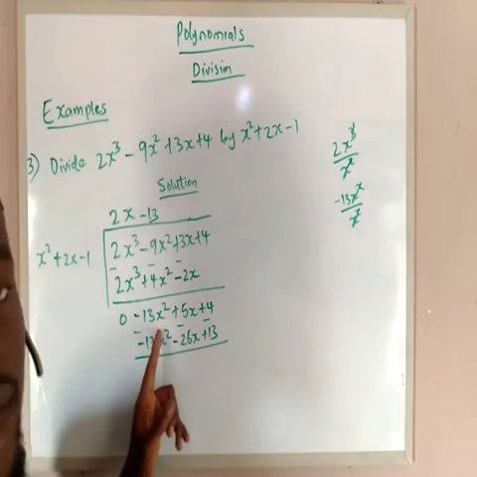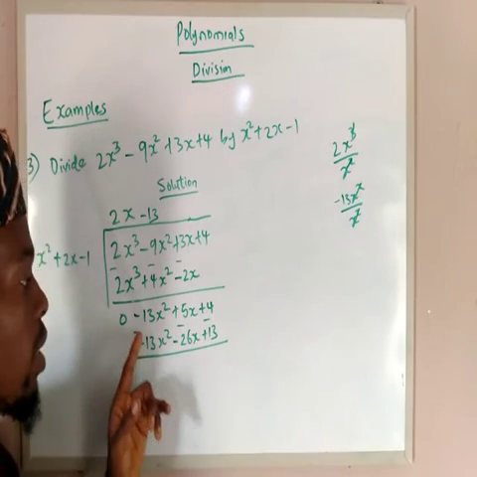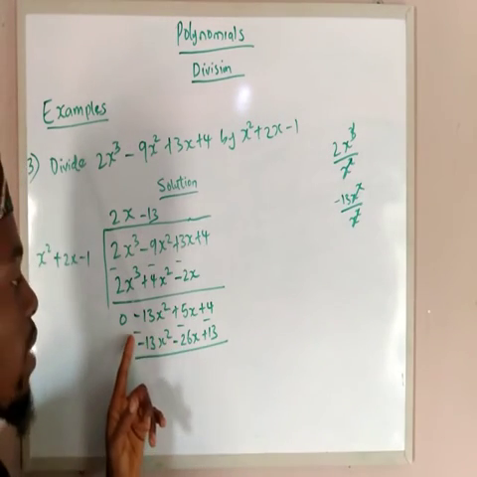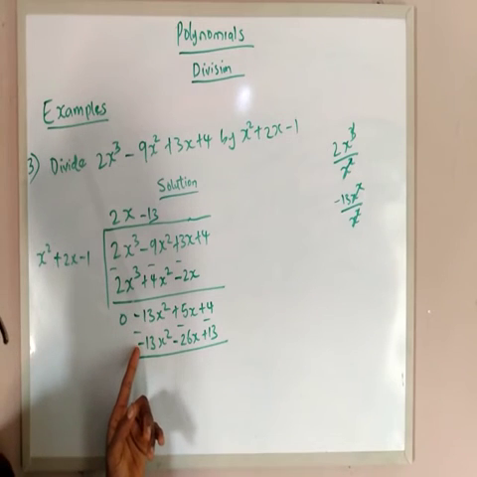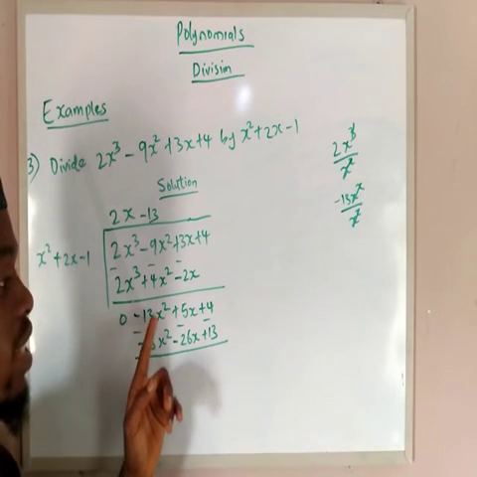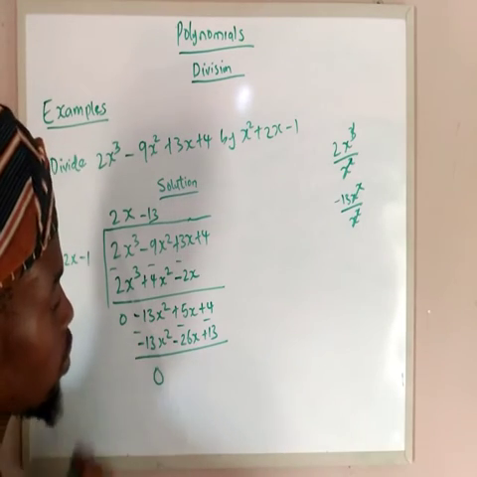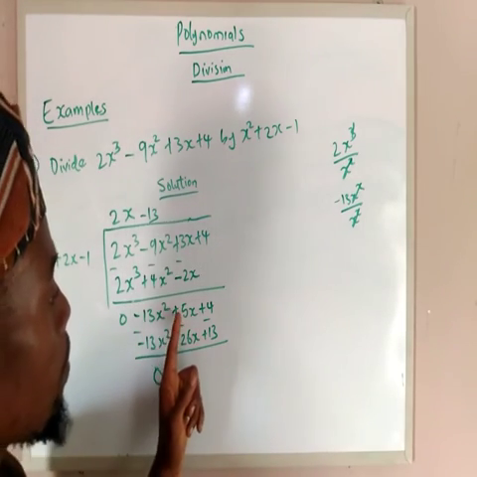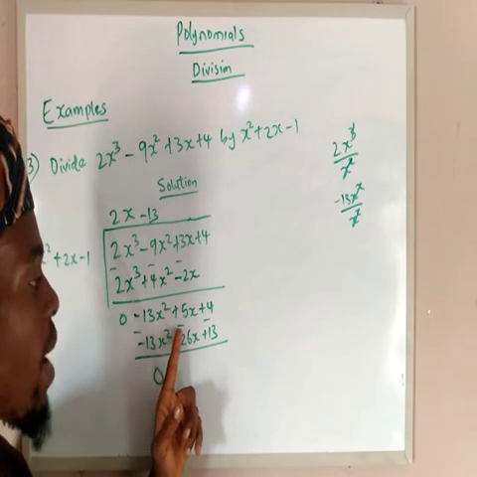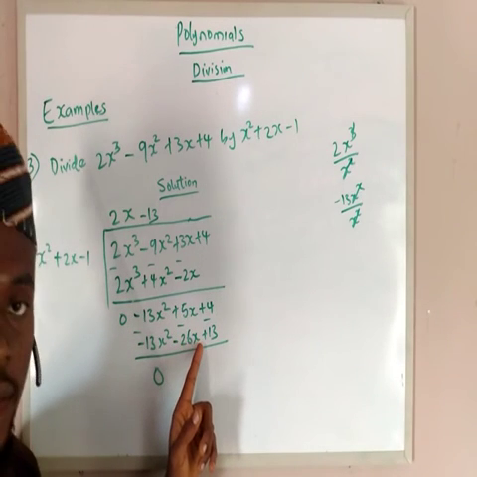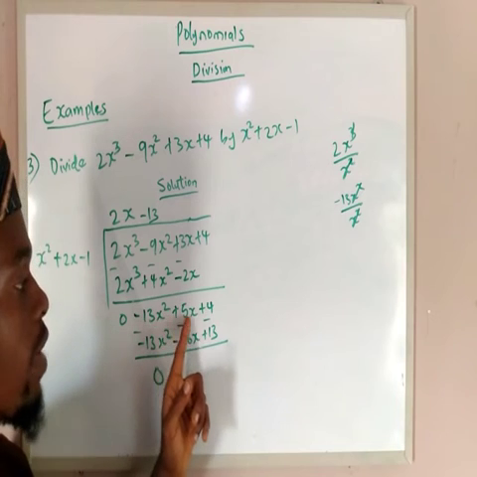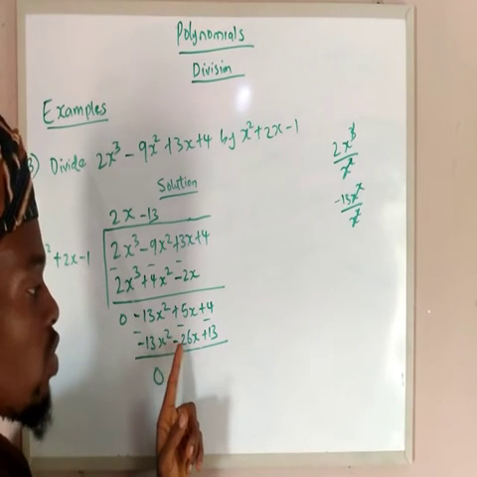So minus 13x squared minus minus 13x squared. This minus and minus will multiply each other and it will become plus. So we have minus 13x squared plus 13x squared, and that will be 0. Plus 5x minus 26x.